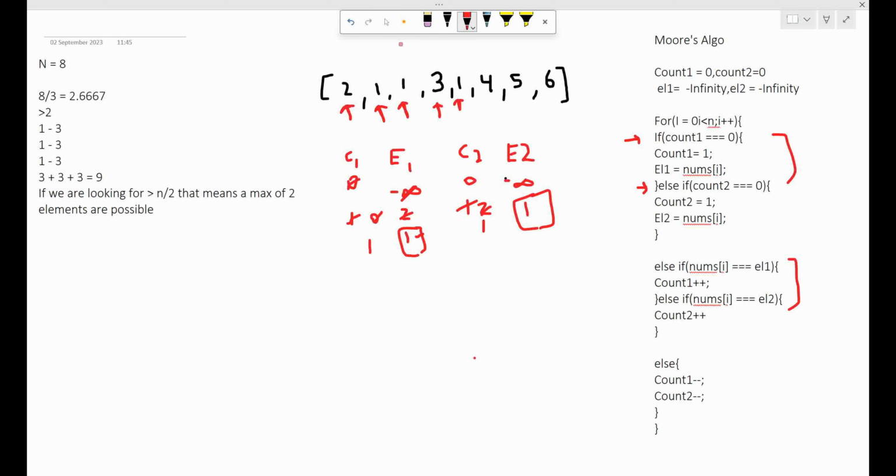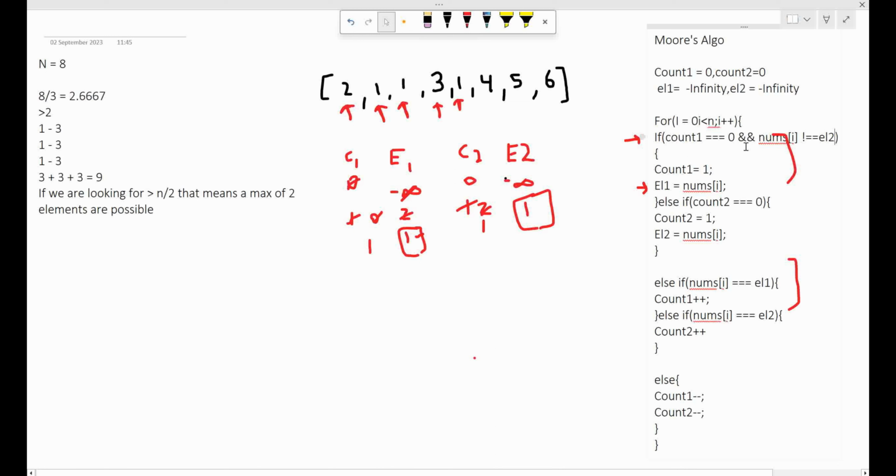So there is a slight change now in this algorithm, which is: if count 1 is 0, we are making the count 1 as 1, right? But what we have to make sure is that my nums of I is not equal to EL2. Basically, if my nums of I is equal to EL2, then we don't need to do this, right?